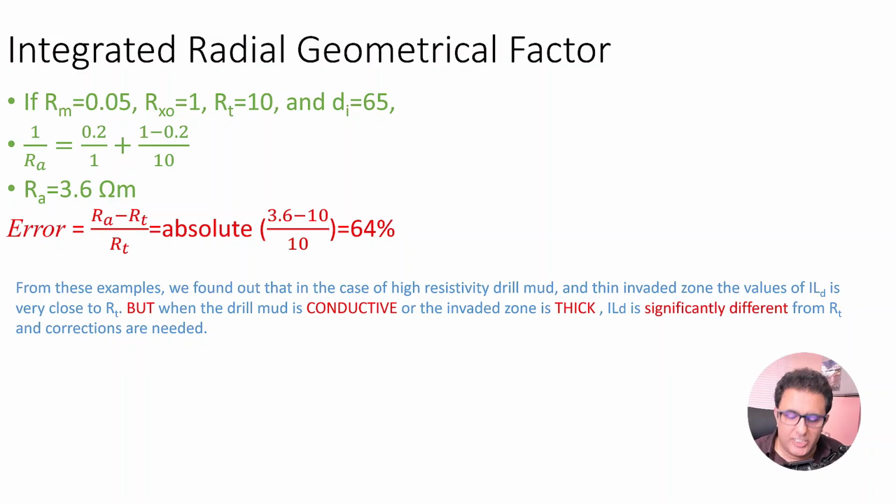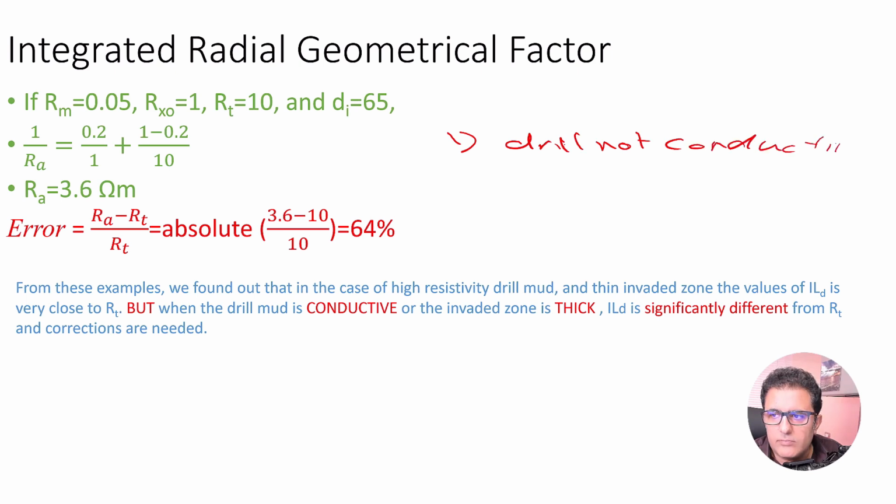And another condition is the diameter of the invasion zone. The smaller the diameter of the invasion zone is, the more accurate the reading we're going to have from RID. So the conditions are: 1, the mud is not conductive; 2, DI should be small.